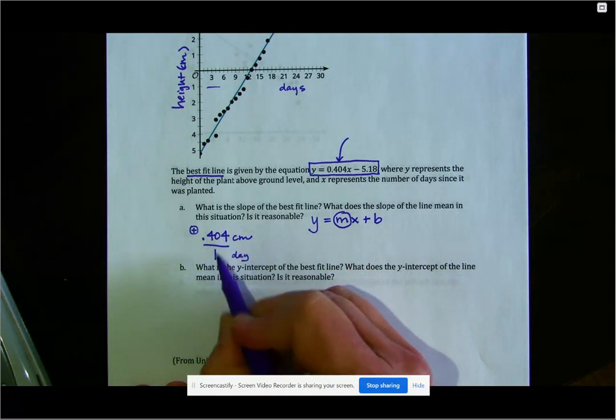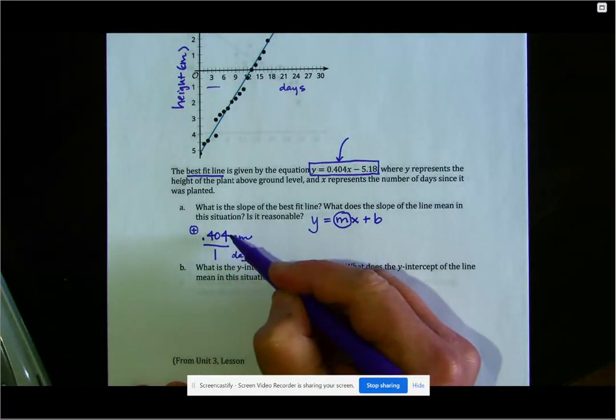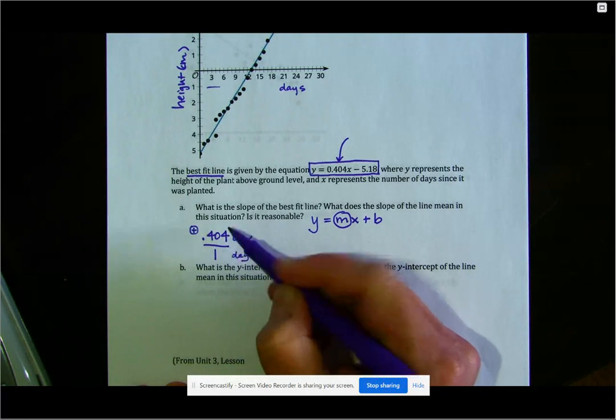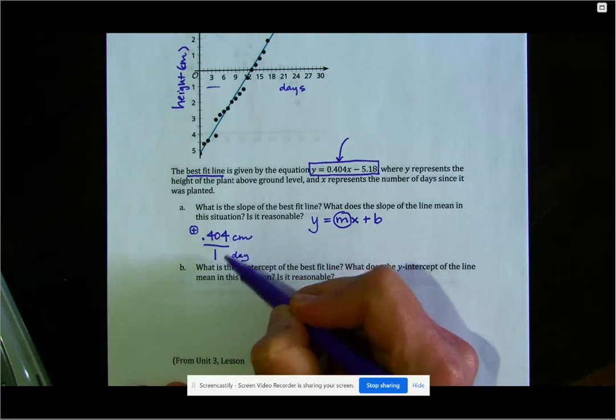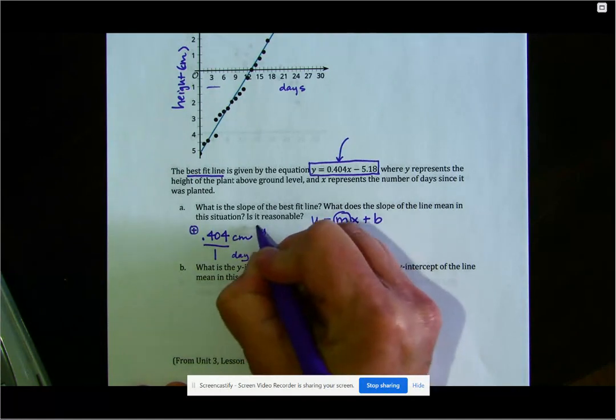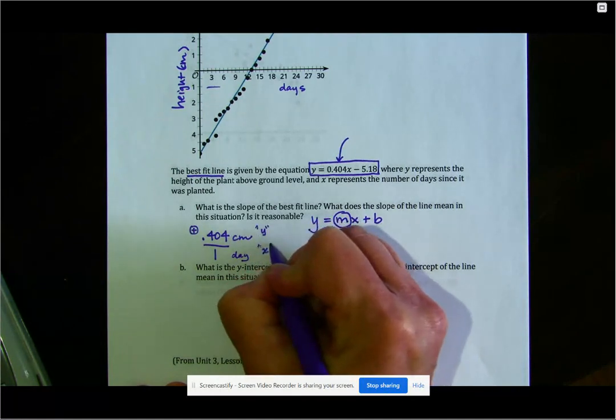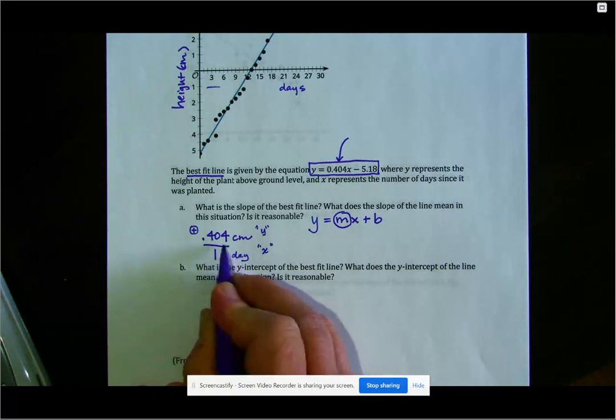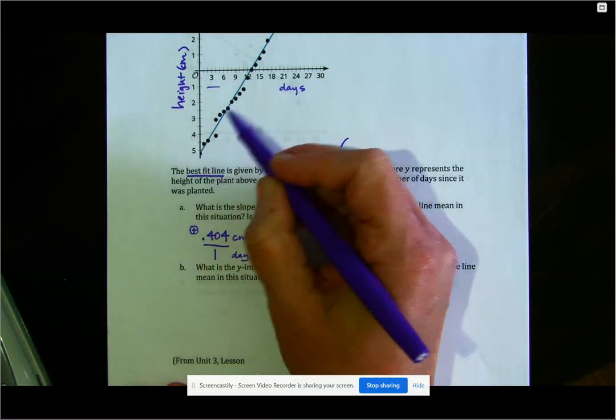You can flip it around, but I often like to read it like the ratio or the rate. This is how many centimeters per day. I like to read it as the change in y over the change in x. But for every day, it is going up about 0.404 centimeters. And that's approximate because it looks like some days it's not growing as fast.